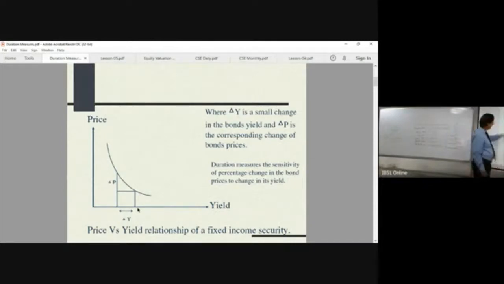The earlier price is this, the present price is this, so the drop is delta P. For a delta Y increase of the yield, there's a drop in price of delta P. Is that clear? That is why the price-yield curve is a declining curve.